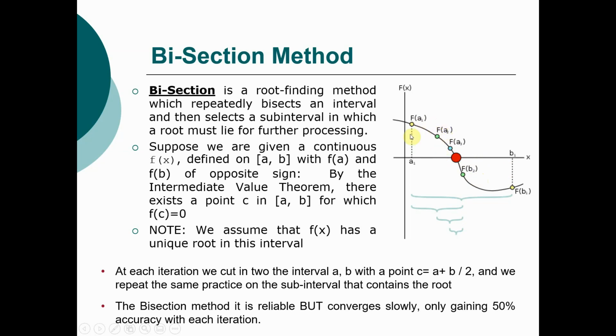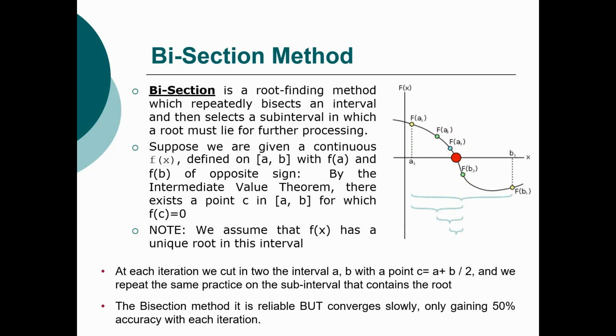Here f of a2 is positive, f of b2 is negative, so we know there should be at least one root between a2 and b2. And we keep doing this until our interval gets as small as we want, right?